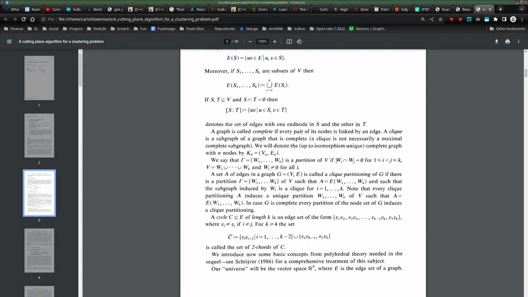I mean, if this is true for Wi intersection with Wj, then of course it's also true if you swap i and j. But maybe it's handy somewhere. At least it distinguishes i and j.